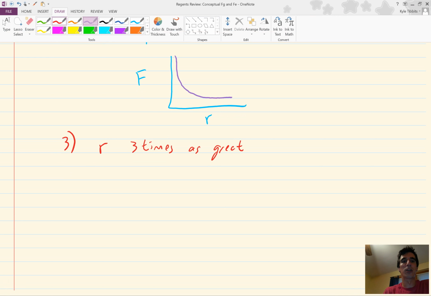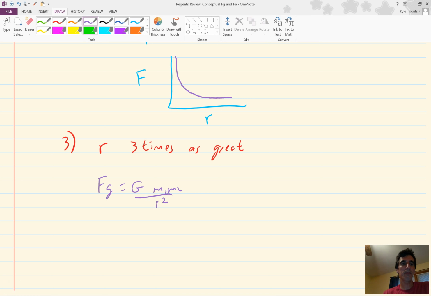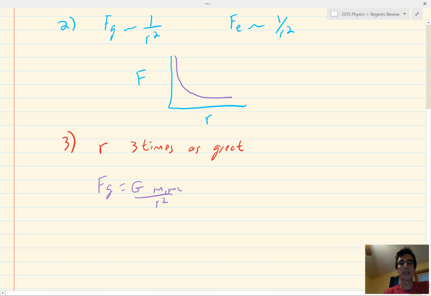So all we do is start off with the equation. Fg equals G m1 m2 over r squared. We do the same thing with Fe if we wanted to. Now we're only looking at the relationship between Fg and the distance. So we'll get rid of all the constants.